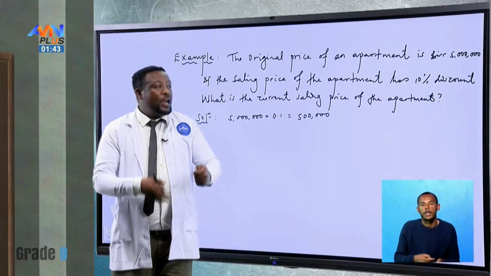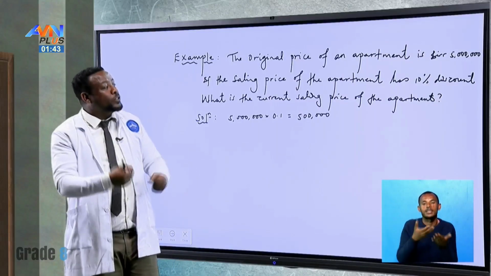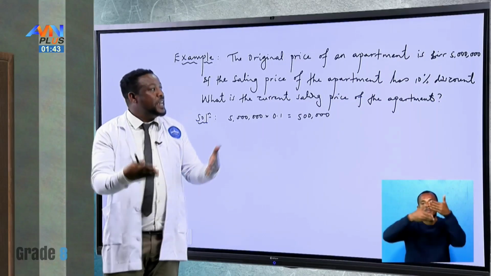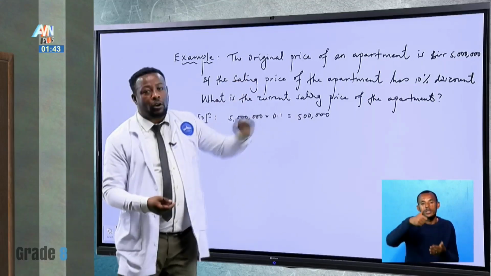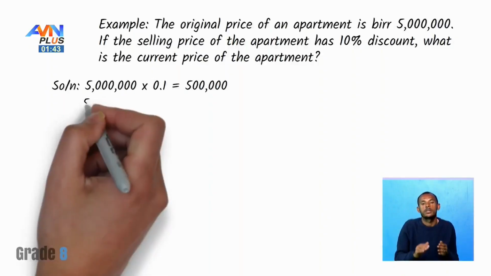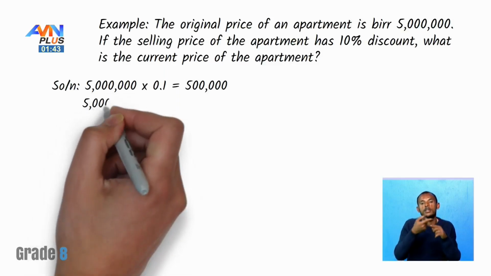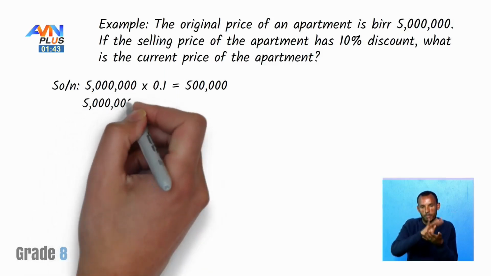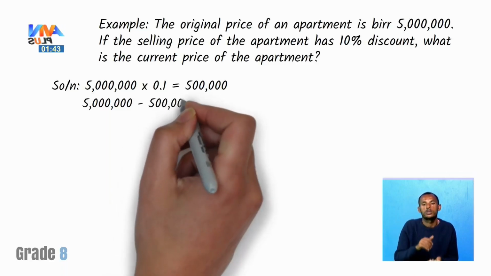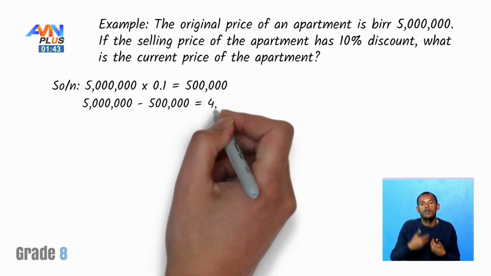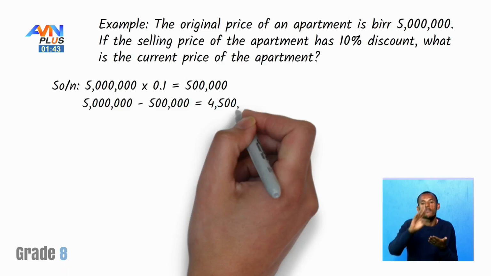So now the current selling price of the apartment is the difference between the original price and the discount. Take this difference, and you will get the current selling price of the apartment. This difference gives us 4,500,000.